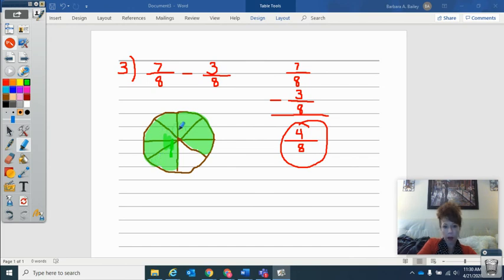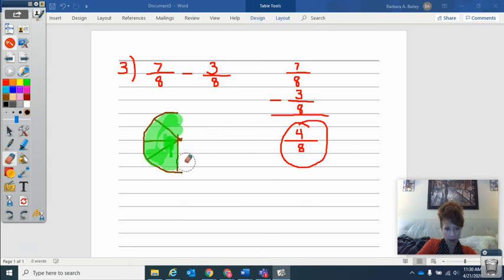Okay. I have shaded 7 out of 8, but if I'm going to take away 3 out of 8, which is going to take away everything.